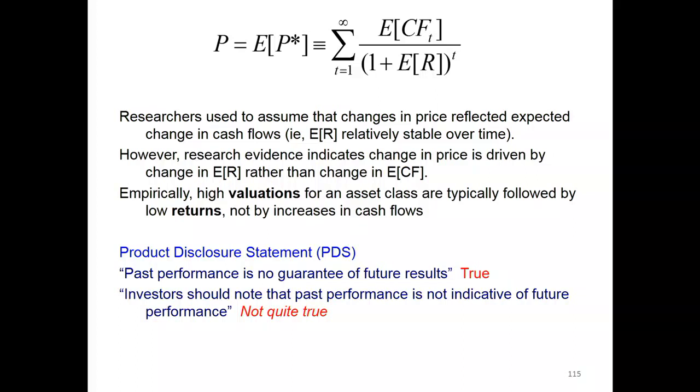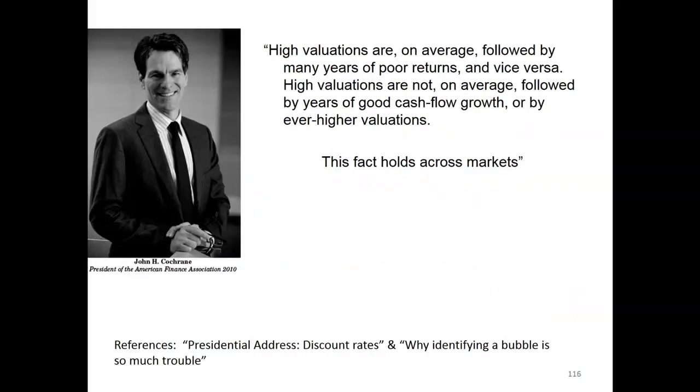So if house prices are high, it is indicative of future performance because it suggests that future returns are going to be low. Make sense? High prices, lower returns. So high valuations are on average followed by many years of poor returns, not vice versa. High valuations are not on average followed by years of good cash flow growth or by even higher valuations. So this fact holds across markets.